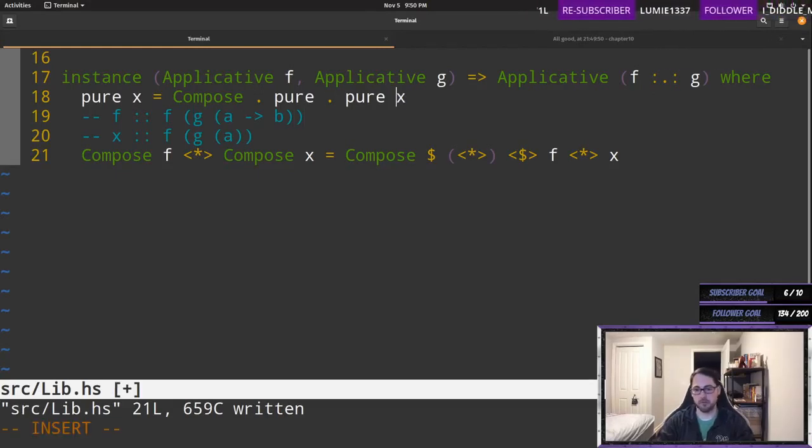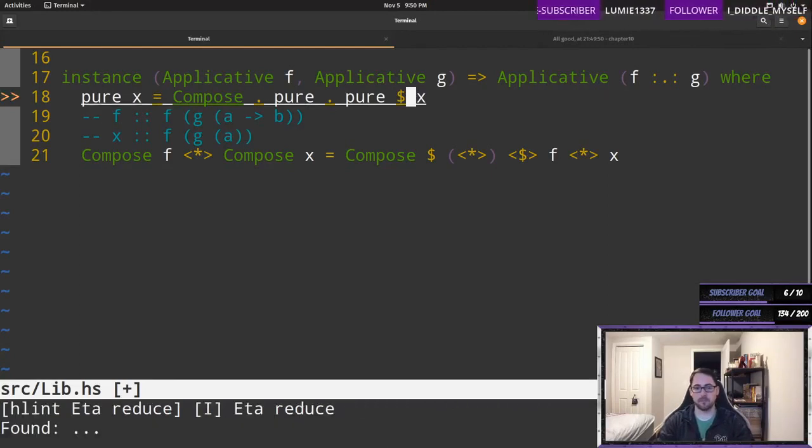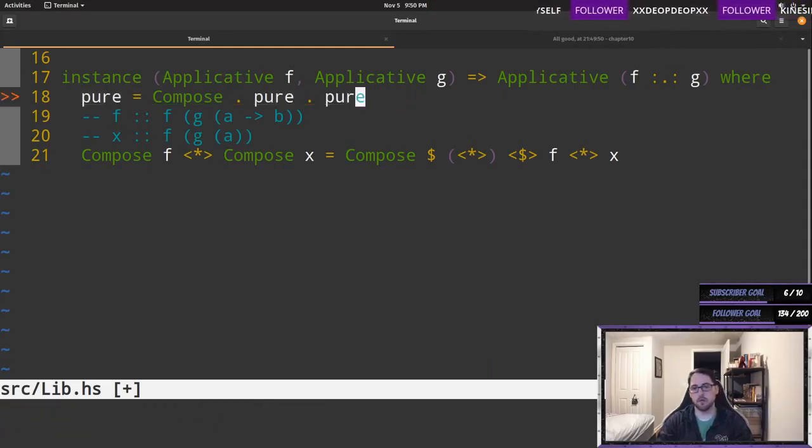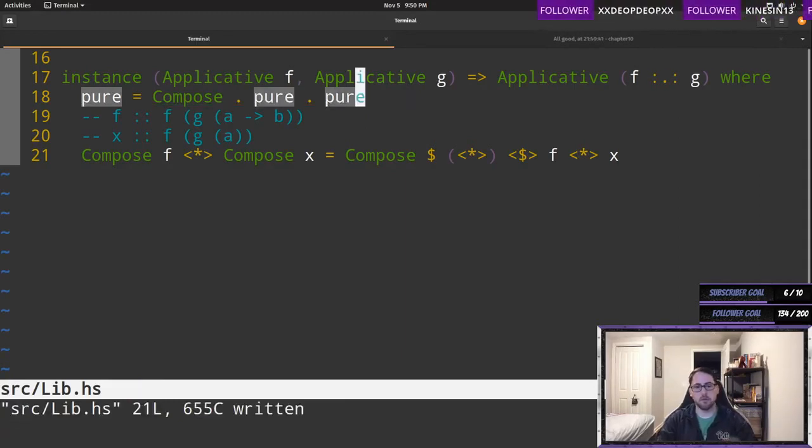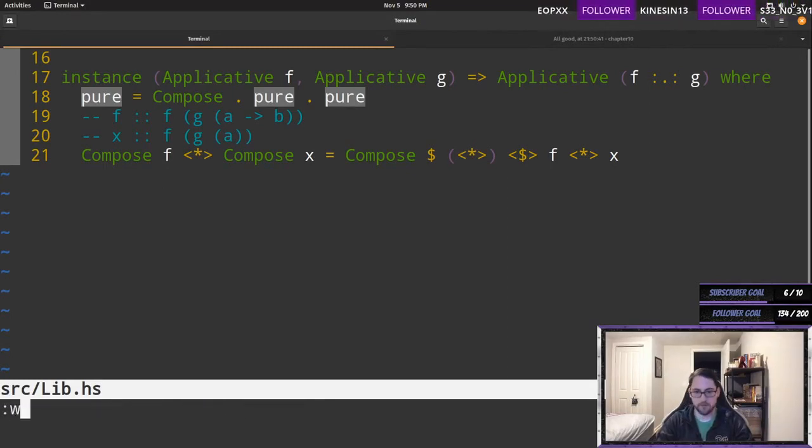I wonder if this would look better this way. Eta reduce. Oh, right. We don't need that. We can just do point free there.